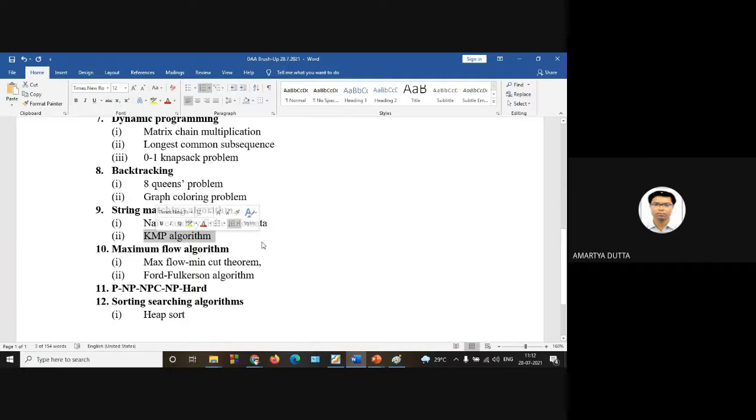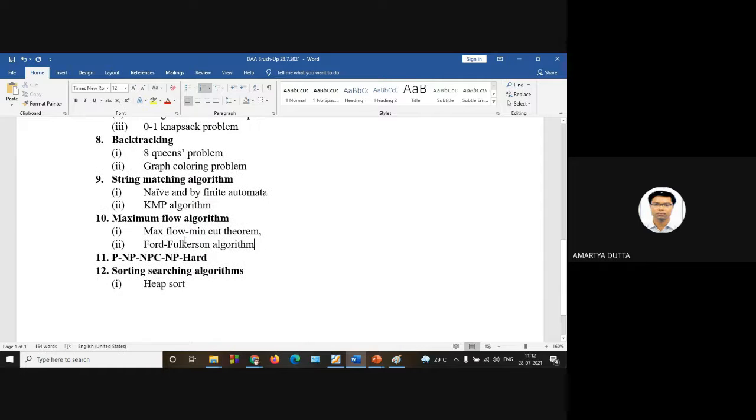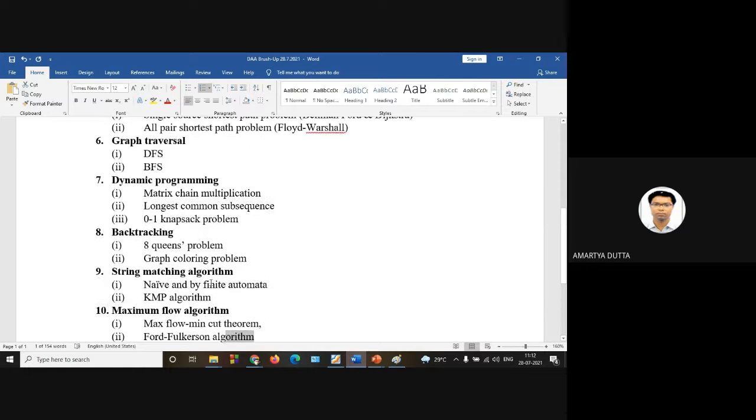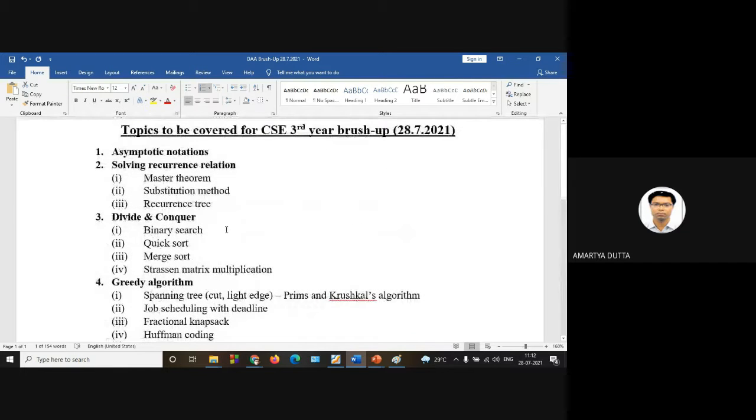This algorithm is very popular. And maximal flow, for a given network, that is a given graph, we have to find the maximal flow. For finding it, we use the Ford-Fulkerson algorithm. And there are some NP, NP complete, NP hard, and some sorting algorithms. So these are the syllabus for any algorithmic course.